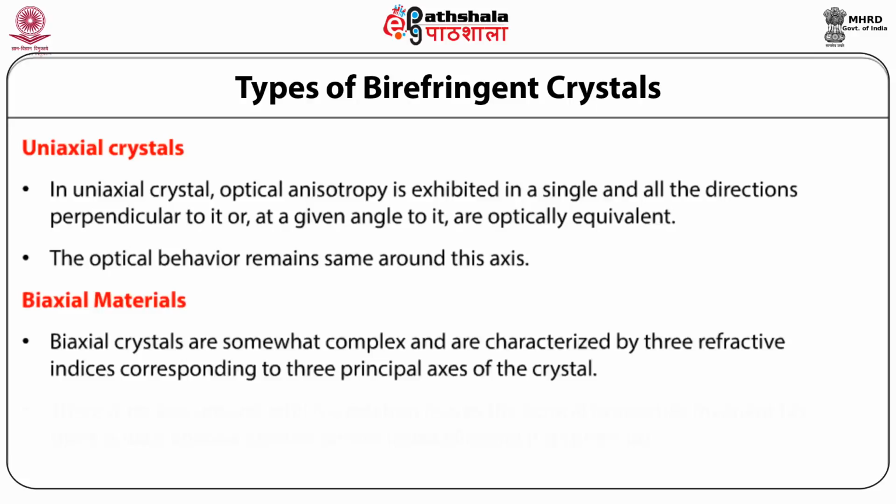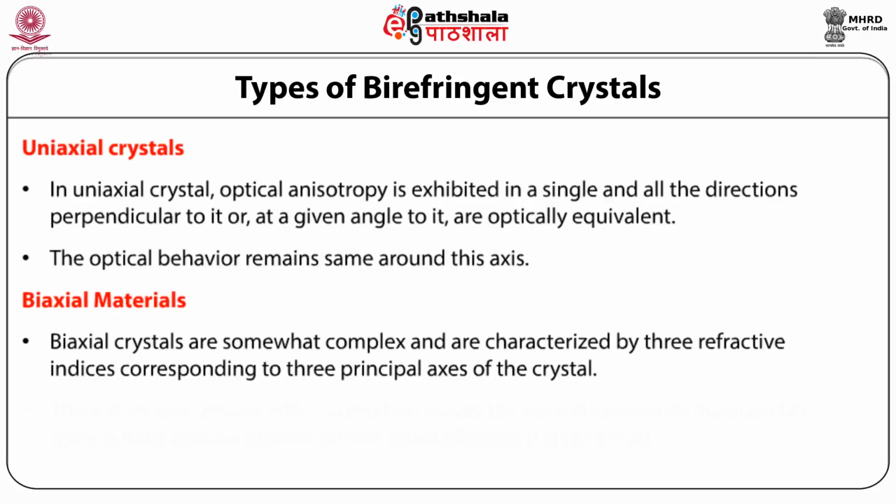Biaxial crystals are somewhat complex and are characterized by three refractive indices corresponding to the three principal axes of the crystal. For most ray directions, both polarizations would be classified as extraordinary rays but with different effective refractive indices.